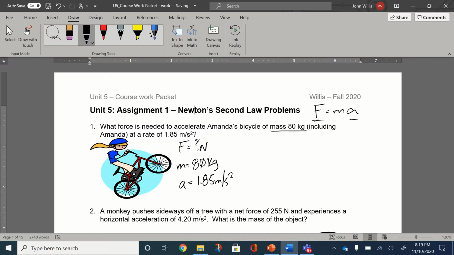Kilograms tell me it's a mass. Meters per second squared tell me it was an acceleration. We're simply going to plug it into F equals ma, where our force is equal to our 80 kilogram mass times 1.85 meters per second squared as our acceleration.